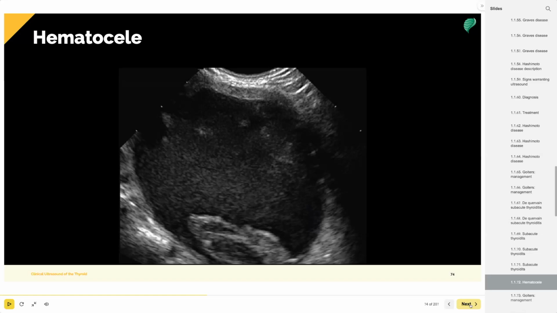Usually it is a vessel that ruptures, leaving behind almost a pocket full of blood, almost like a thyroid nodule, but with blood formed inside of it, basically a hematoma. It will appear anechoic, it would lack echoes. However, it will look very thick, and it can have some very low laying echoes within.